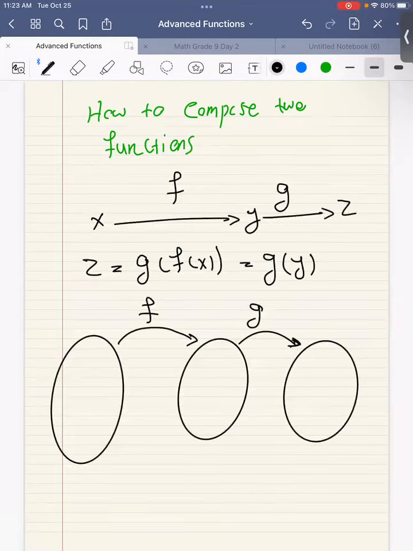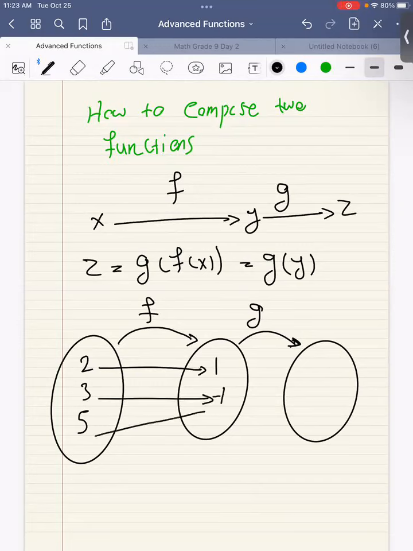So imagine we have a bunch of numbers in the domain of f, like 2, 3, 5, and 2 goes to 1, 3 goes to -1, and 5 also goes to -1, and g takes 1 to 2 and -1 to 10.